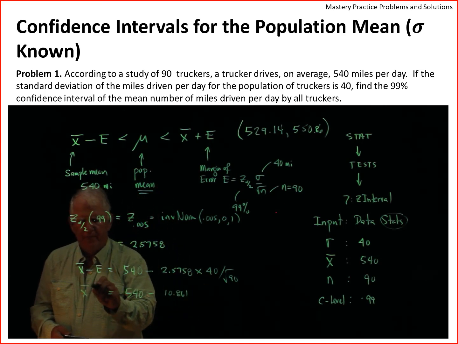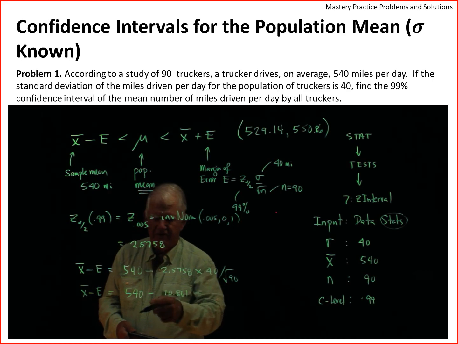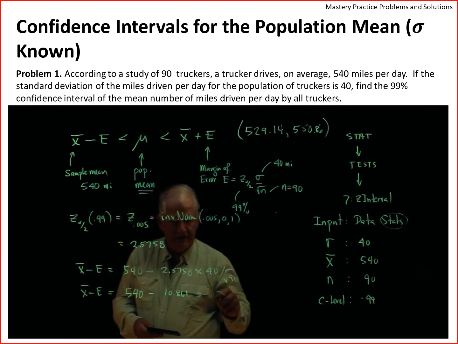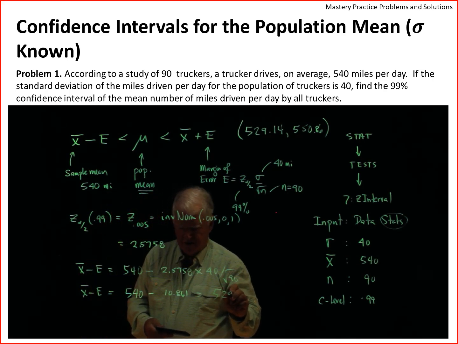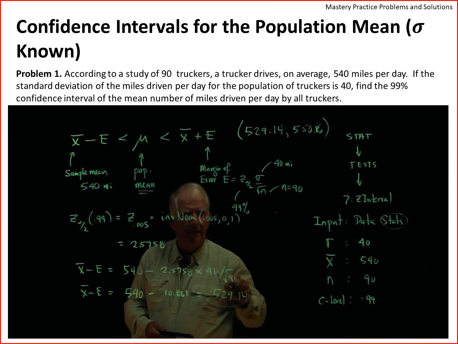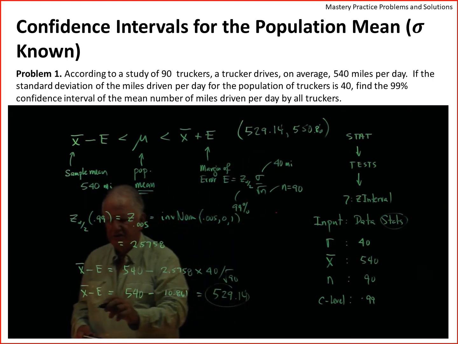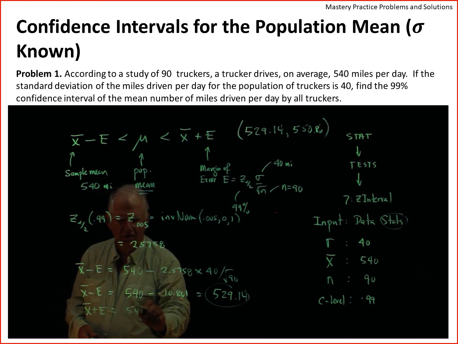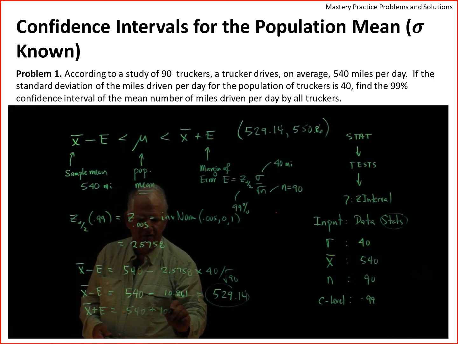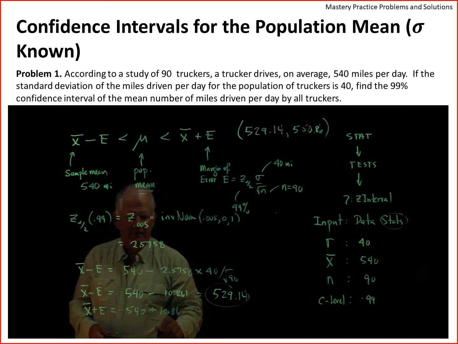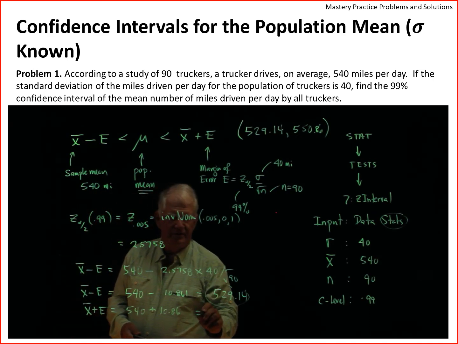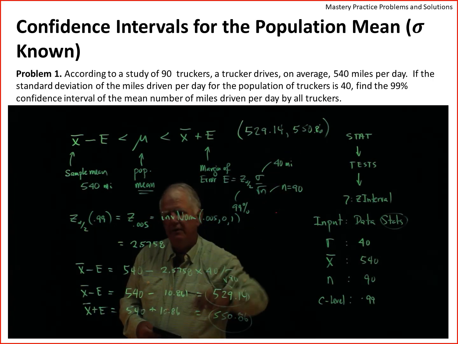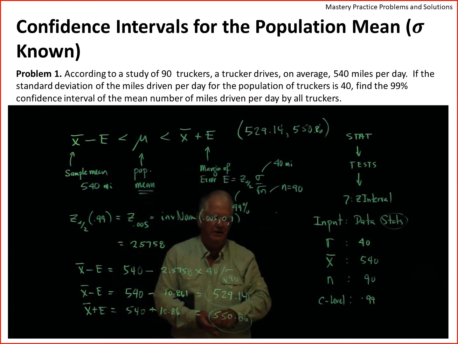So when I do the subtraction, 540 minus 10.86, I get 529.14. Let's do the same thing now, calculating x bar plus E. That's 540 plus 10.86, and that's clearly 550.86.